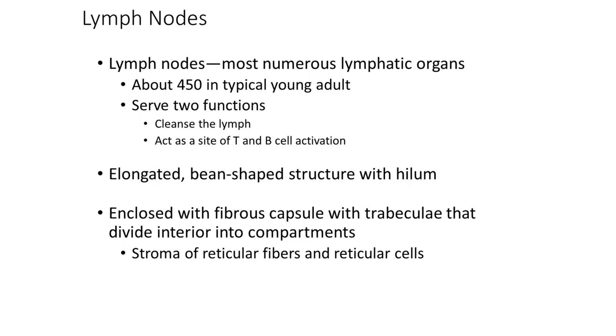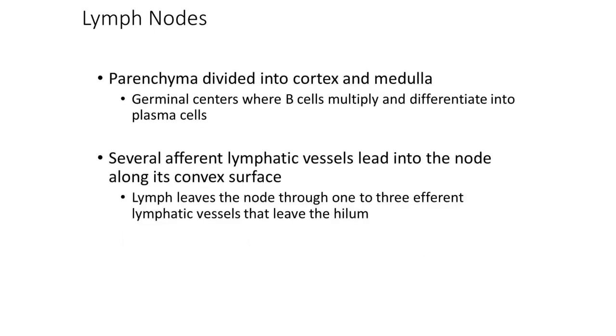They are enclosed with a fibrous capsule with trabeculae that divide the interior into compartments. The inside is composed of reticular fibers and reticular cells, the stroma. The parenchyma is divided into a cortex and a medulla.